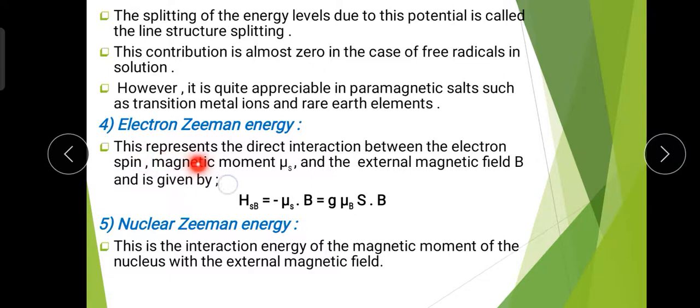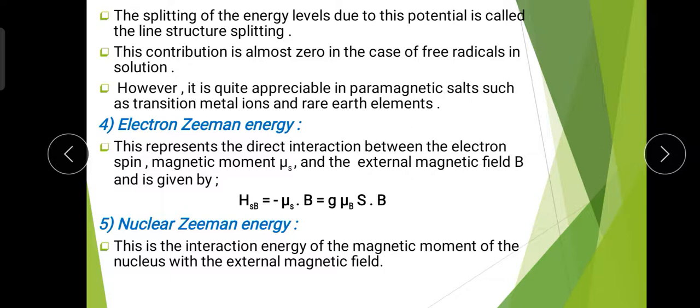So this represents the direct interaction between the electron spin magnetic moment mu s and the external magnetic field B, which is given by H_SB equals minus mu s dot B, equals g mu B times the dot product of S and B. So this is the electron Zeeman energy.